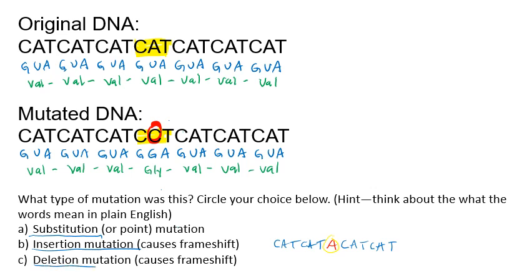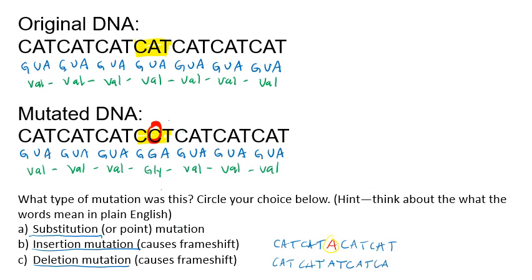A deletion mutation is just like how it sounds. Deletion is when we erase or delete a letter out. So let's say we have CAT, CAT, and then instead of CAT again, we erase the C, and then it ends up being A, T, and then we're back to CAT, CAT, CAT, and whatnot.